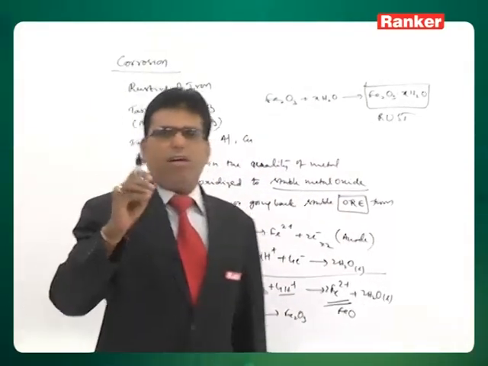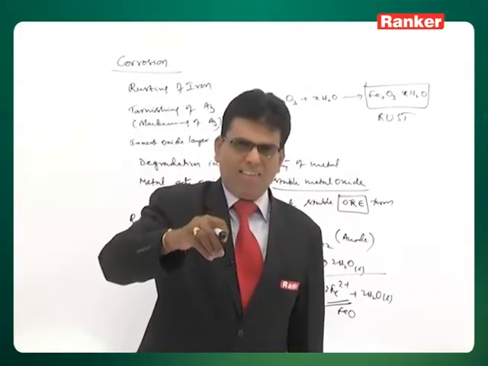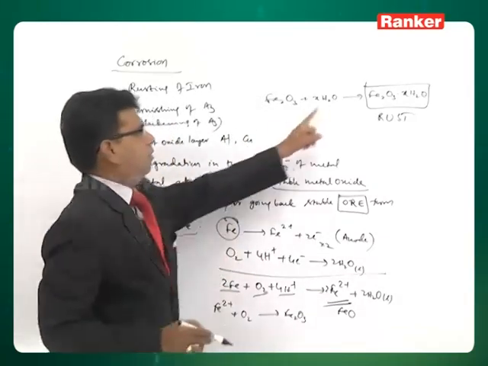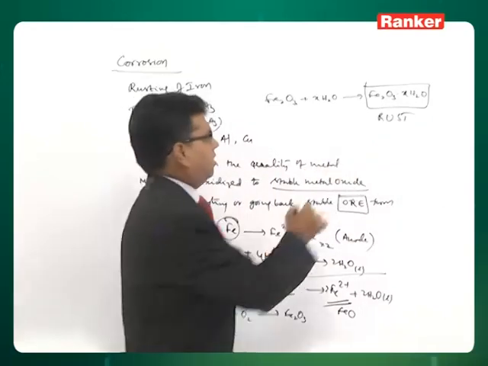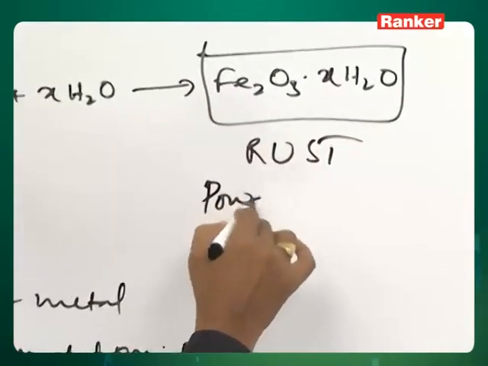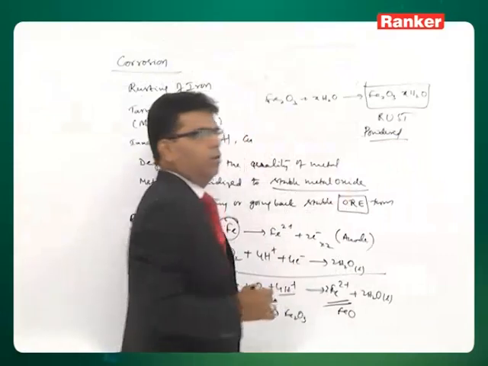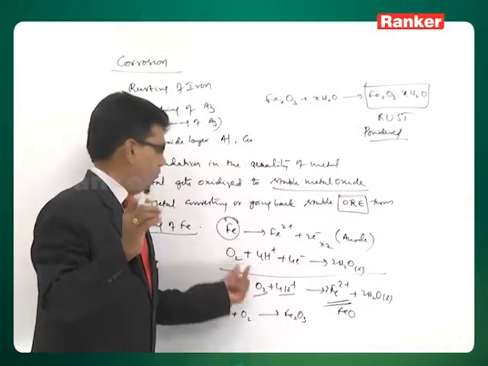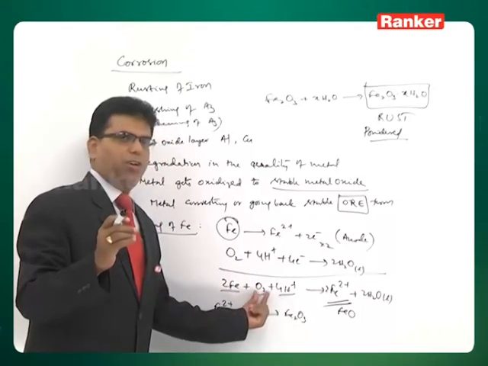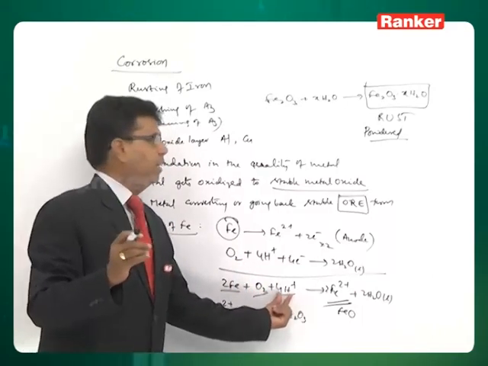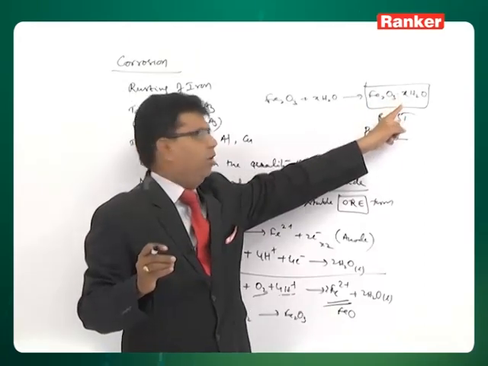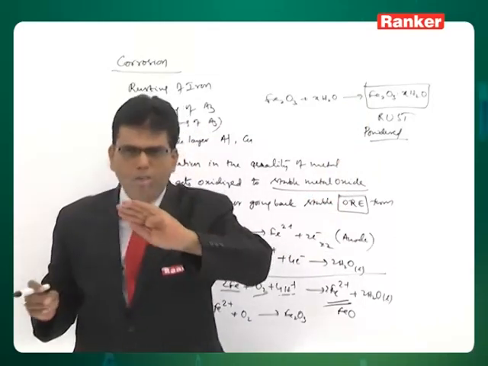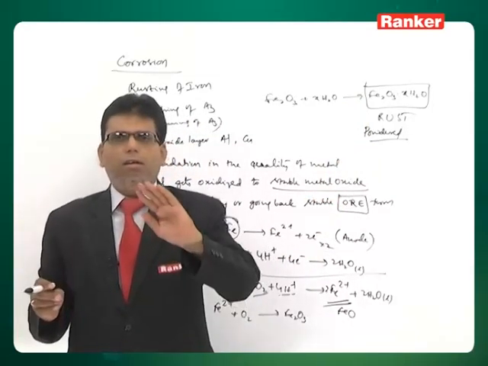The formation of hydrated ferric oxide is what is called rust. So iron metal is converted to hydrated ferric oxide, which is powdered. So very high quality iron metal, when it comes in contact with atmospheric oxygen in acidic medium, finally converts to powdered rust, that is hydrated ferric oxide. This whole sequence is what is called rusting of iron.